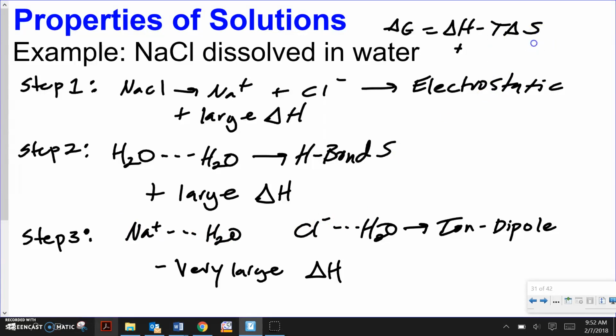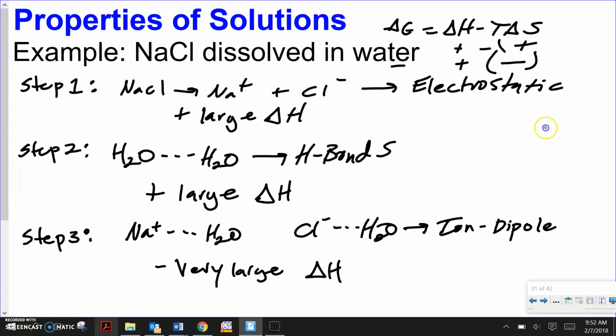Sorry, I think I just called that negative. A very large positive multiplied by this negative here, and that's going to give us a negative statement here that's fairly large. And what that should do is cause delta G to be negative. Basically, this negative statement should outweigh this positive statement, therefore giving us a negative delta G, or a spontaneous process.